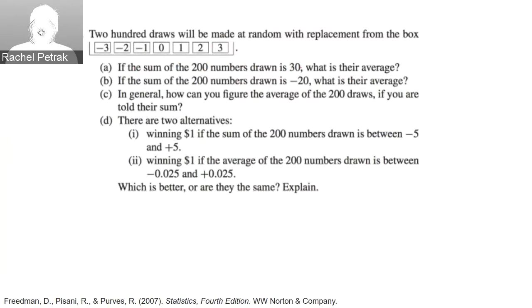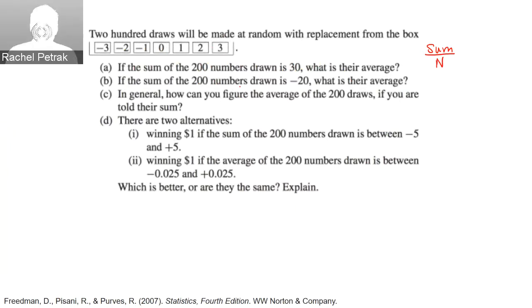Well, if the sum is 30, we know that average is equal to the sum divided by the number of scores. In this case, there are 200 numbers drawn, 200 trials that sum to 30.